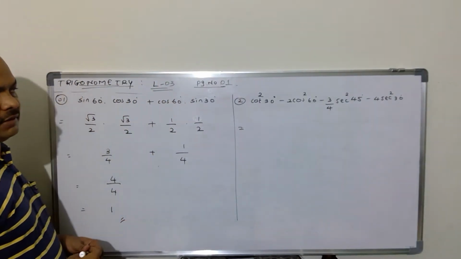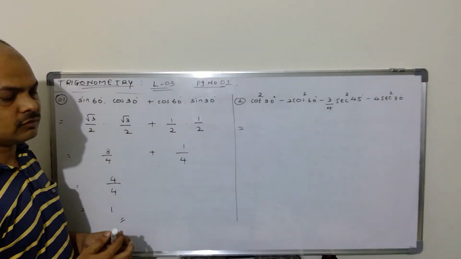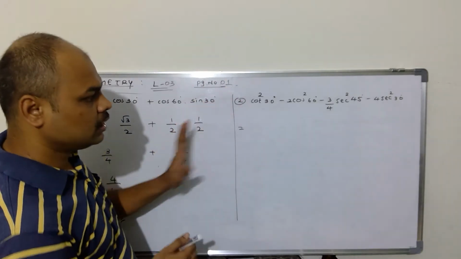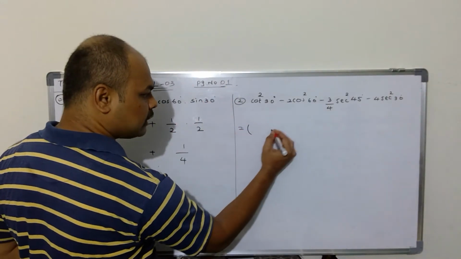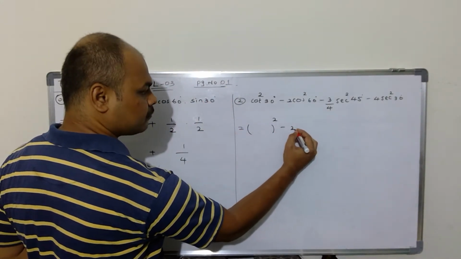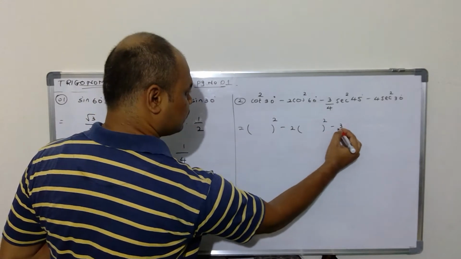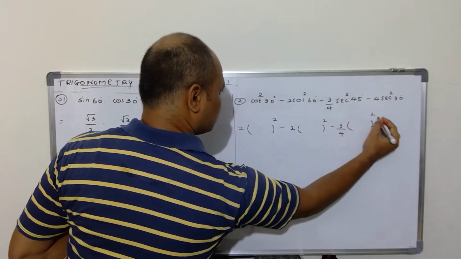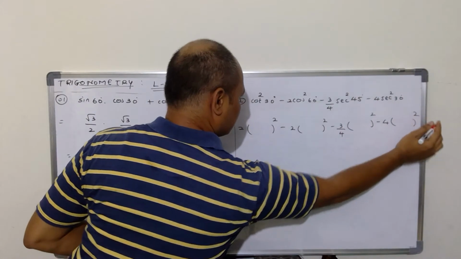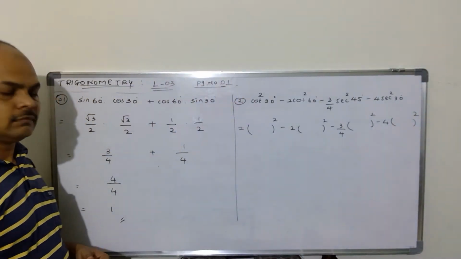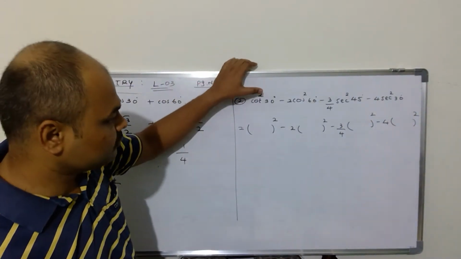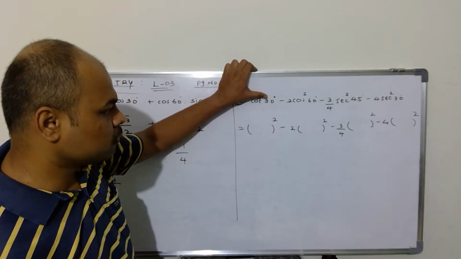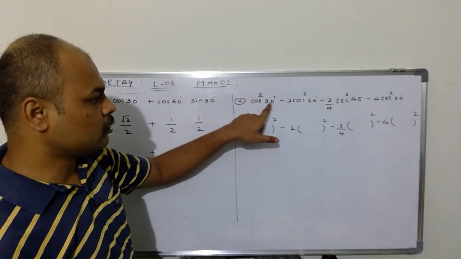Cot square 30. Now we have a square. Whenever you have any power, remember, write that power outside the bracket. It's something like this. Now forget about the power. Suppose I just hide this power too. What is seen is cot 30 degree.